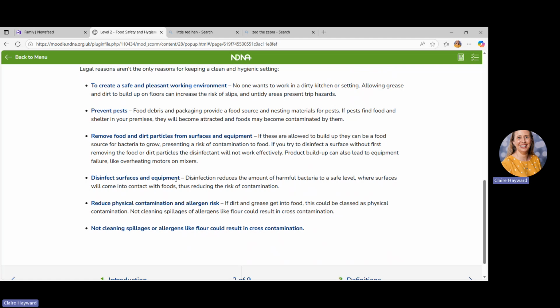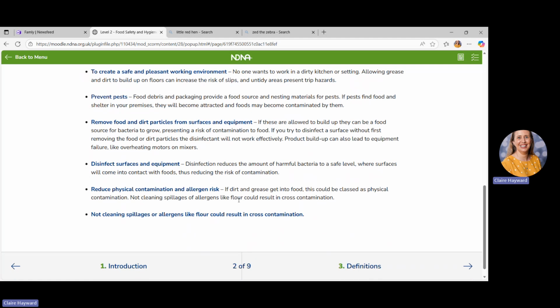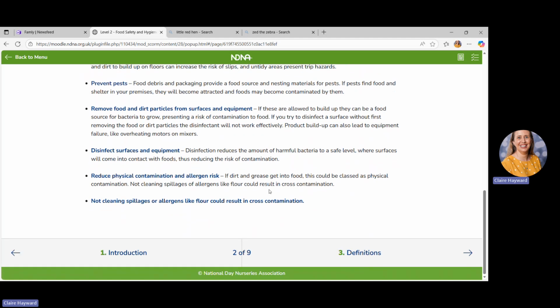Disinfect the surfaces and equipment, which reduces the amount of harmful bacteria to a safe level. Reduce physical contamination and allergen risks. If dirt or grease gets into the food, this can be classed as a physical contamination. And not cleaning spillages or allergens like flour could result in cross-contamination.